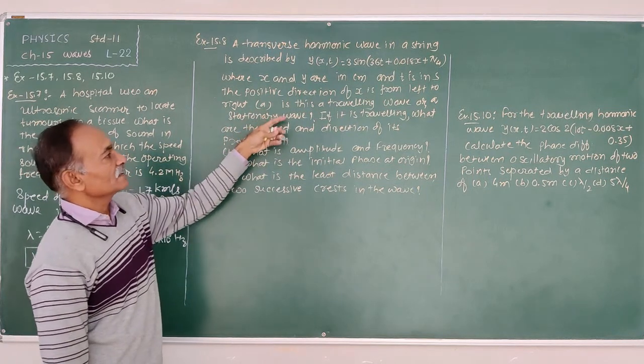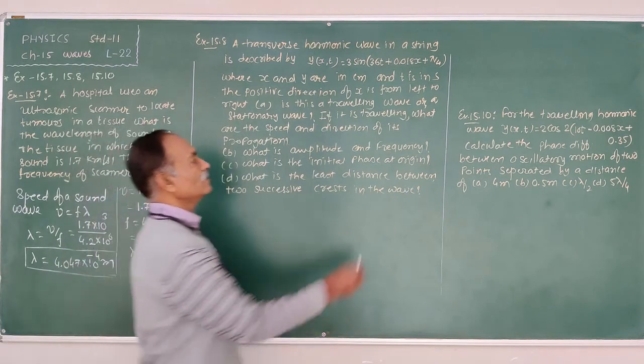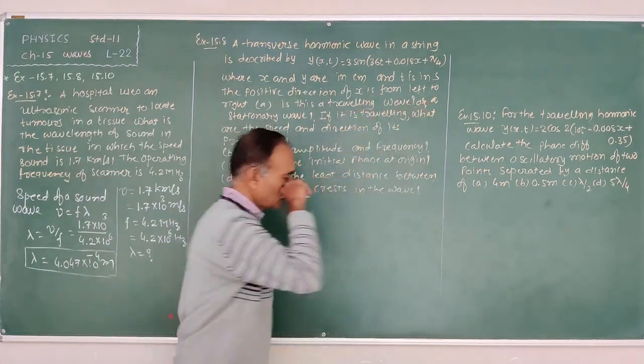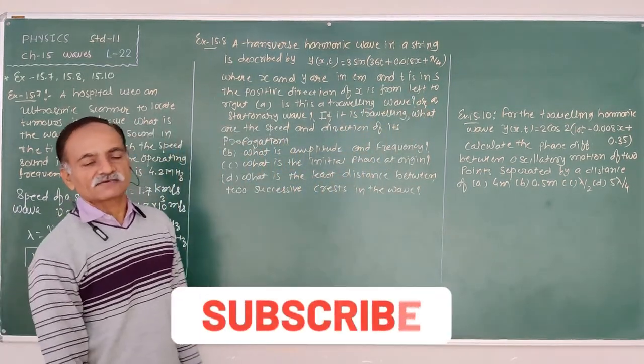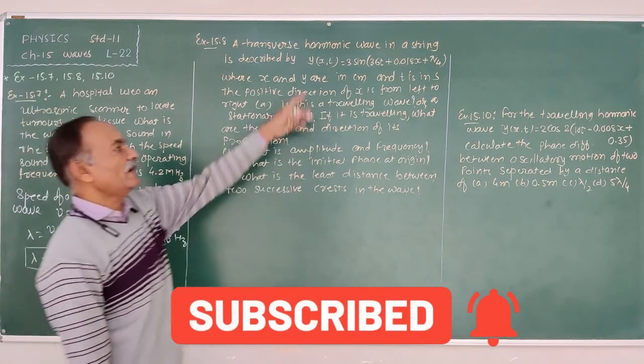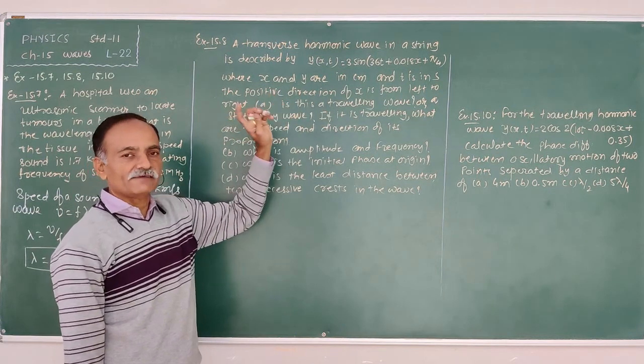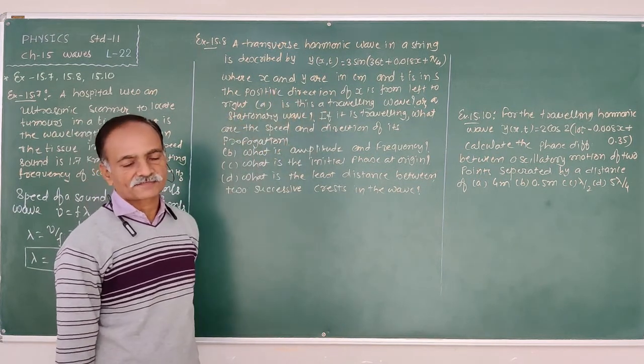Now, first, is this a traveling wave or a stationary wave? What is the equation of the transverse wave given in this string? This wave is a traveling or propagating wave or a stationary wave. First we have to decide this.